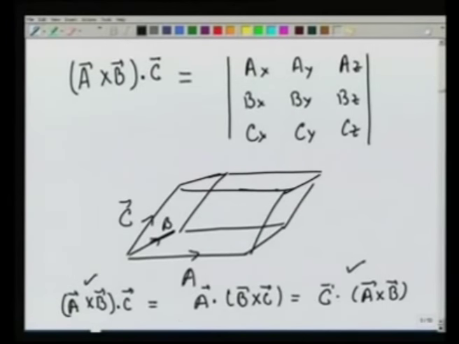And there is one more term, this is also equal to B dot C cross A. All these are equal. This is cyclically how the dot product and cross product go. So, this is a general review of vectors that we have done.